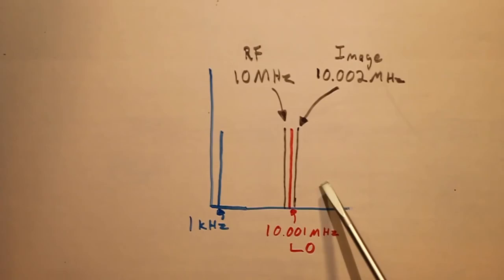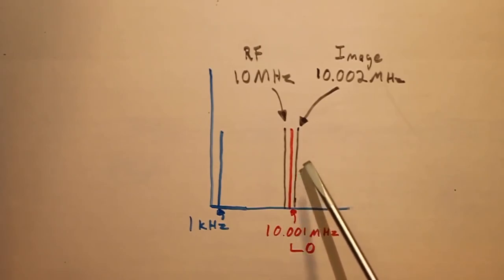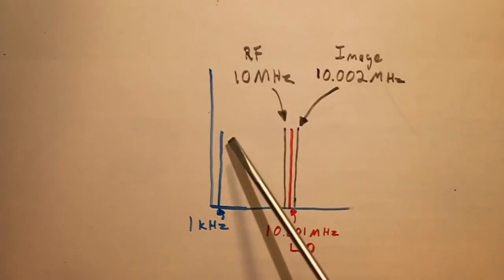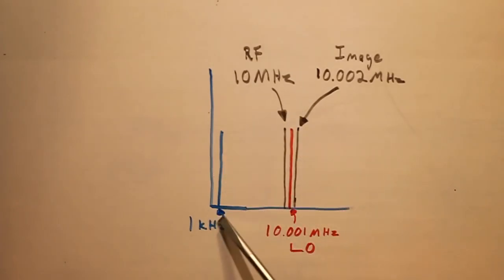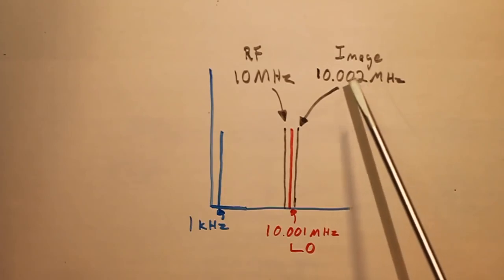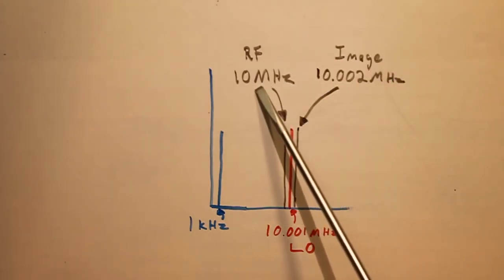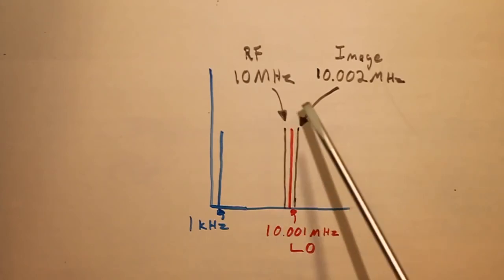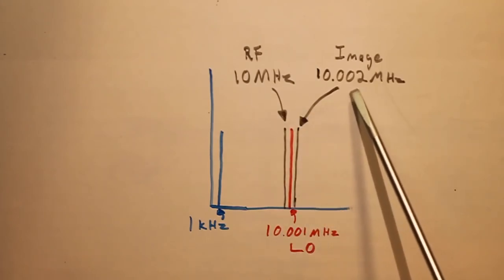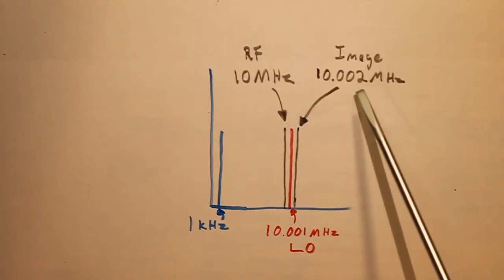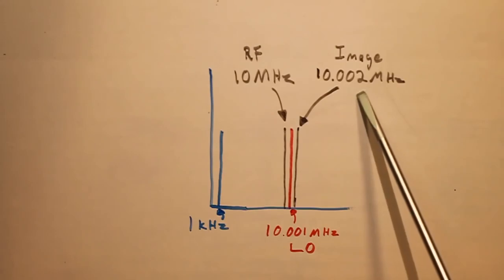And this is a particularly bad problem for these direct conversion designs, where we're converting an RF signal directly down to a low frequency baseband signal, because the unwanted image frequency is so close to the desired frequency that we can't filter it out at all in the RF front end, because they're just too close. We can't build a tight enough filter to take that image frequency out.